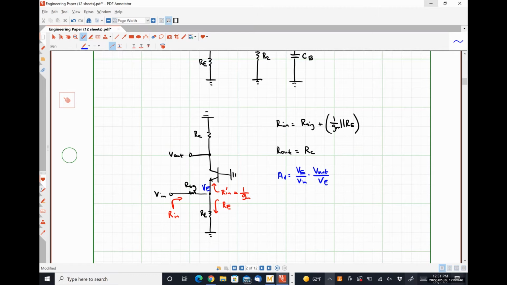What does this look like if this signal resistance was shorted out? Right, but I mean, what does the circuit look like? If this signal resistance right here were a short circuit, this amplifier would be a common base with emitter degeneration, nothing else remotely fancy, right? So what is Vout over VE then? gm RC.